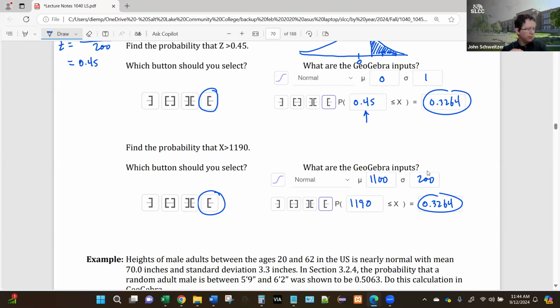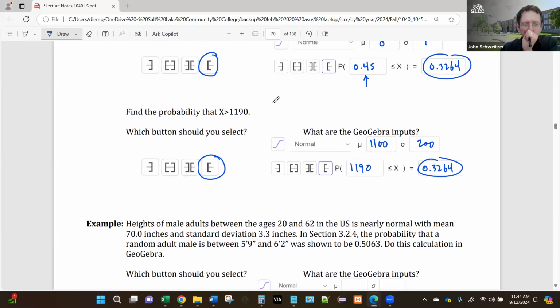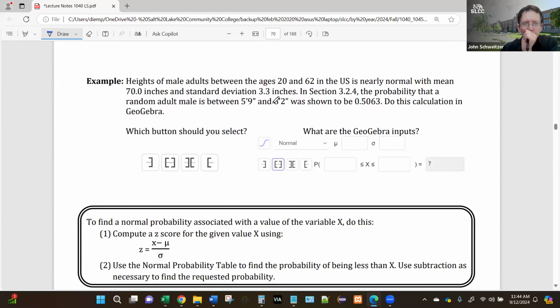So instead of SAT scores, let's look at heights of adult males. Height does tend to be roughly normally distributed. We'll look at men who are physically at their peak.